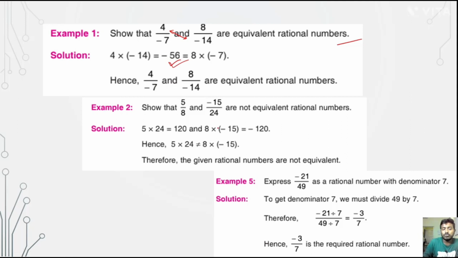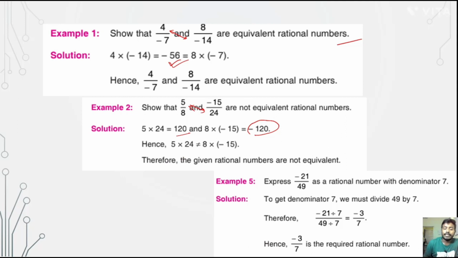Now example 2: 5 by 18 and minus 15 by 24 are not equivalent rational numbers. How to check? First we multiply 5 into 24, that is 120, then 18 into minus 15, that is minus 120. 120 and minus 120 are not equal, that's why these are not equivalent rational numbers.